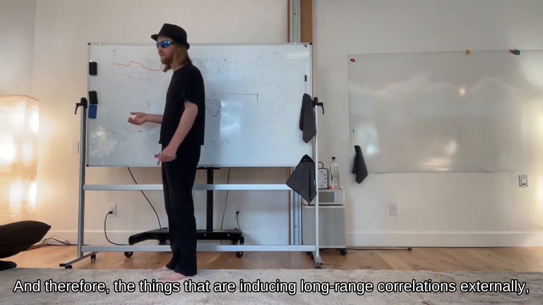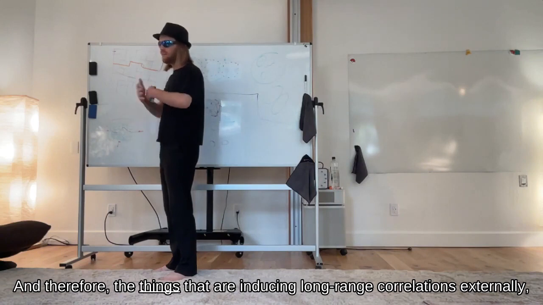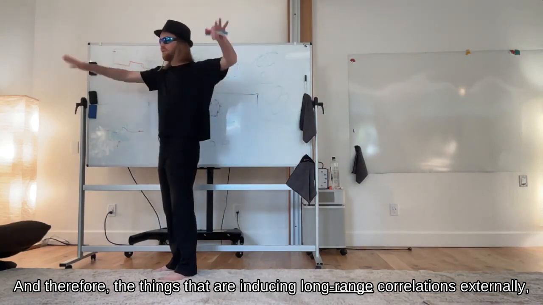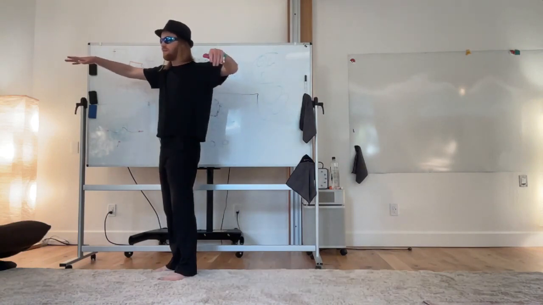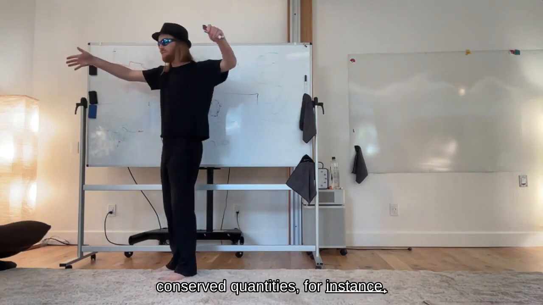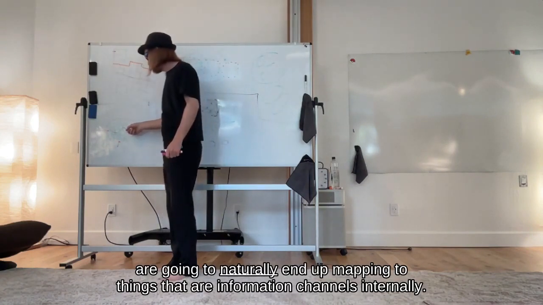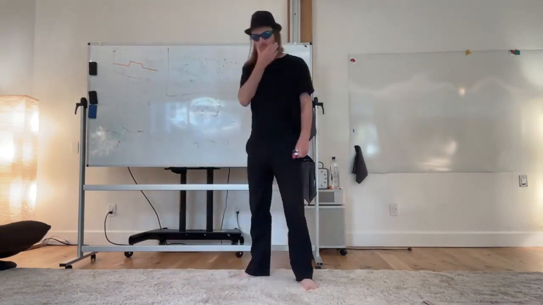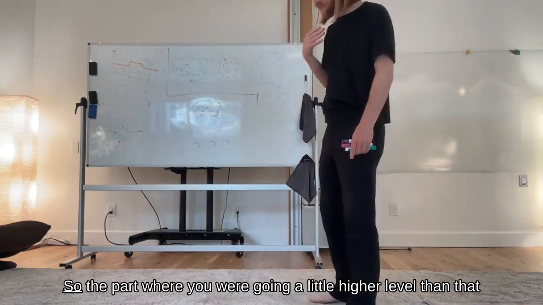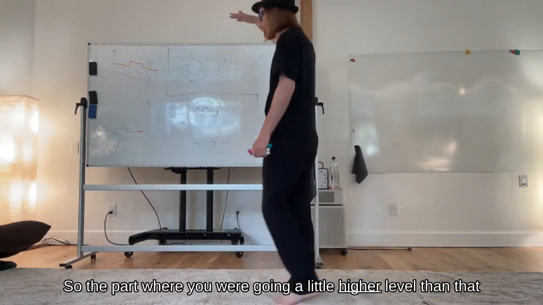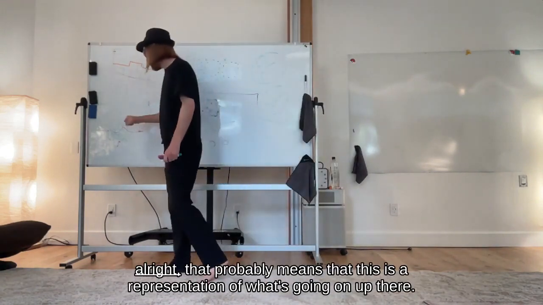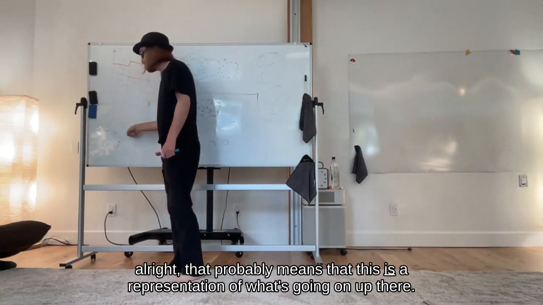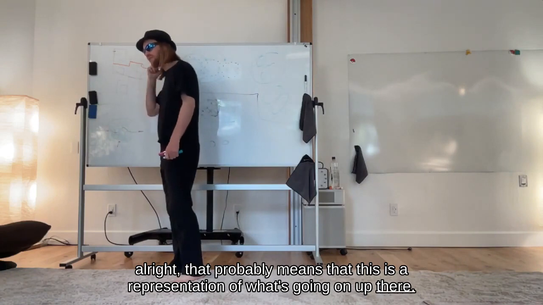Therefore, the things that induce long-range correlations externally, conserved quantities for instance, are going to naturally end up mapping to things that are information channels internally. The part where you were going a little higher level was then saying, all right, that should probably mean this is a representation of what's going on out there.